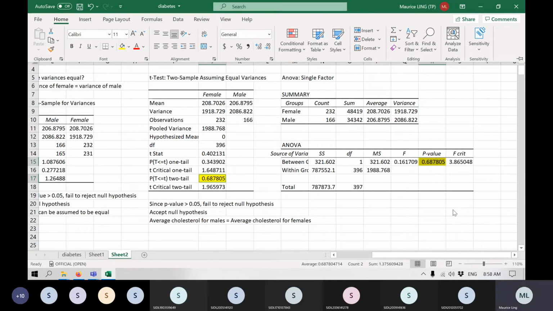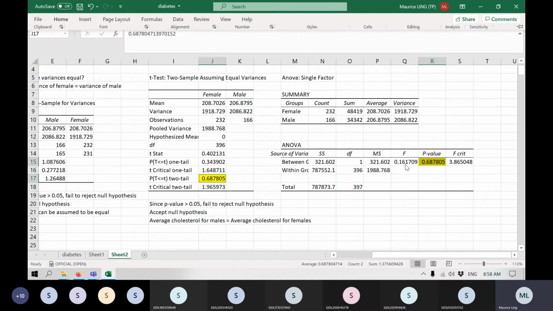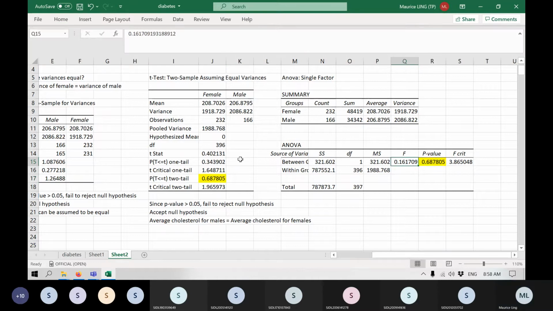And what you realize is the F statistic is the square of the t statistic. So if I square this, that gives the F statistic. So actually you can use ANOVA for two samples.